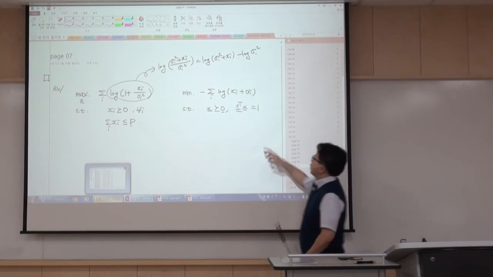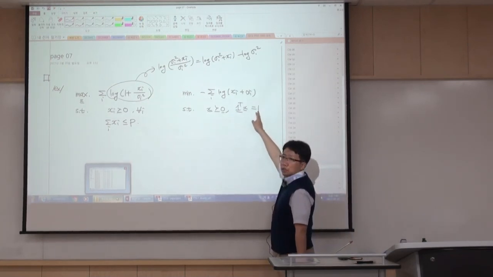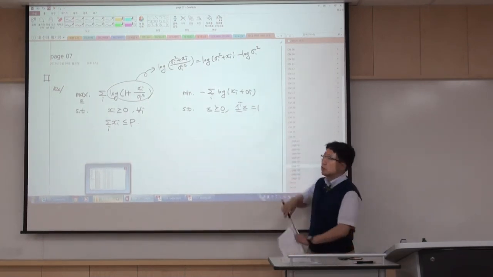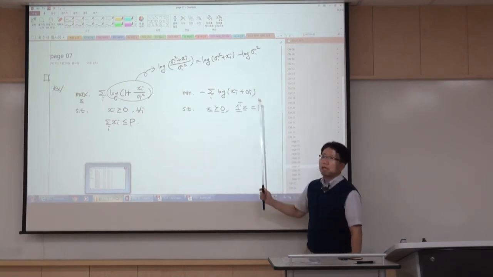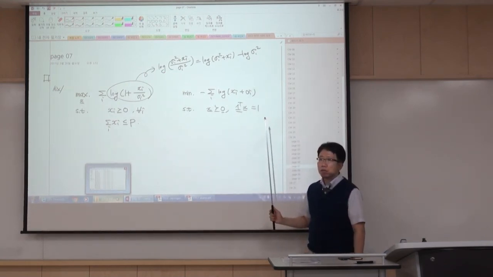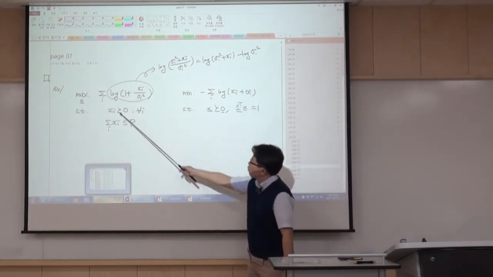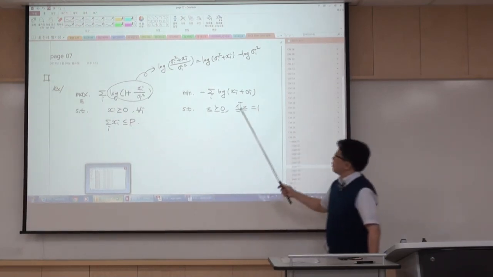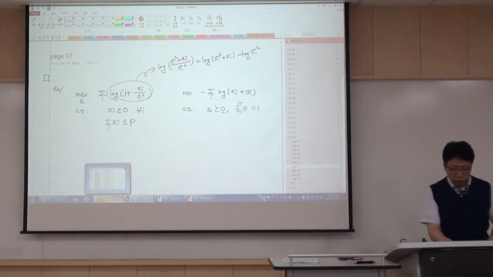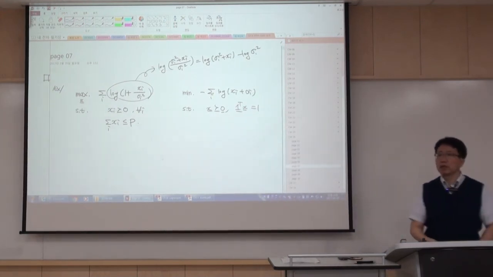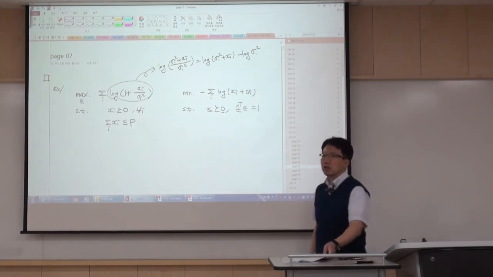But actually, if you change this to p, by the way, p positive, and you properly scale, actually they are the same. So this 1 doesn't matter, but it seems that it has 2 inequality constraints, while this has 1 equality and 1 inequality constraint. Am I right? But they are still equivalent.